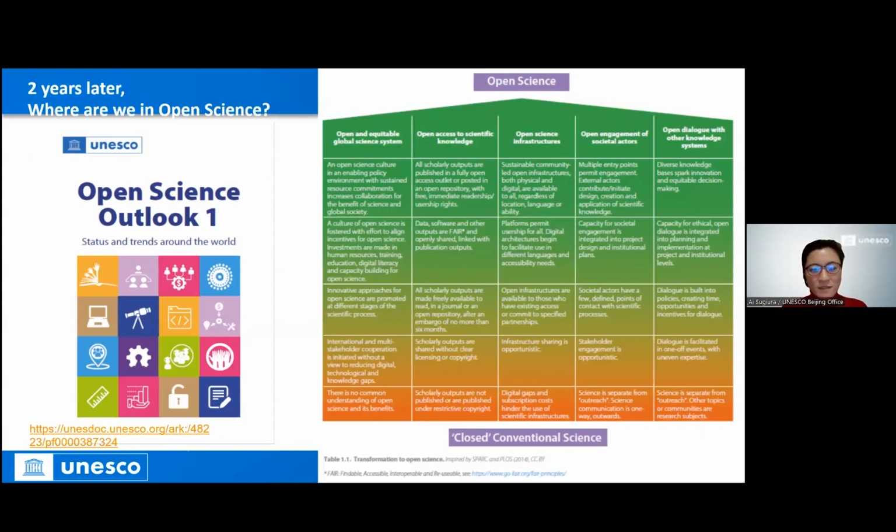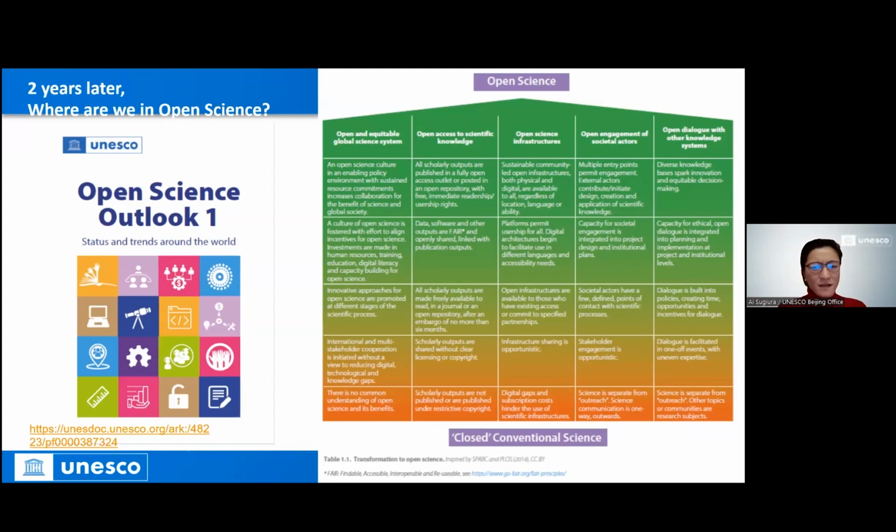And then one more thing I wanted to show you is that the recommendation was adopted in November 2021. And so it's been 2 years plus that we have been implementing. And last December, the first outlook was published on the status and trends around the world on the implementation of open science under the 5 pillars.